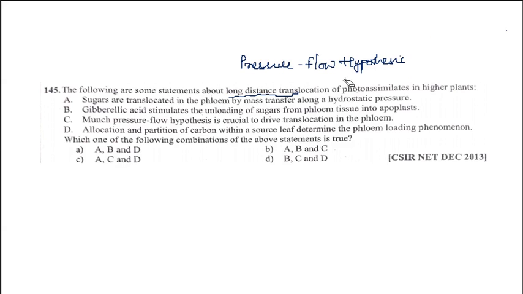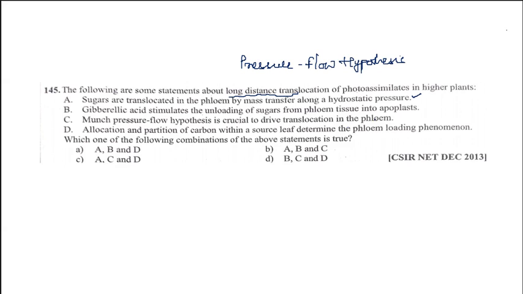Sugars are translocated in the phloem by mass transfer along hydrostatic pressure. Yes, the pressure is forming the gradient for the transport of sucrose. Gibberellic acid stimulates the unloading of sugar in phloem tissues and apoplast.